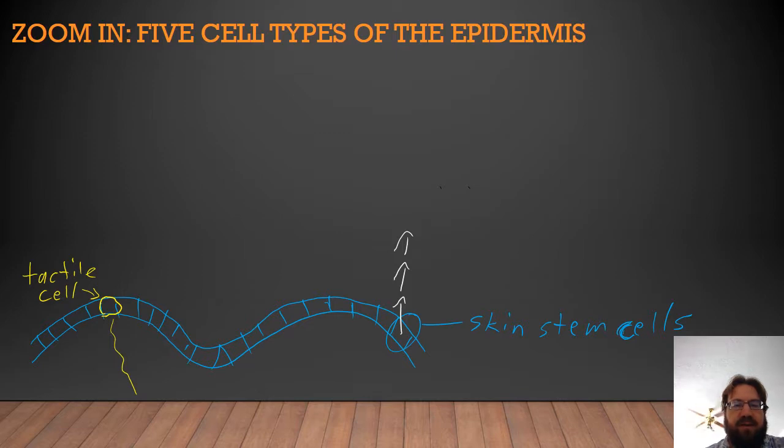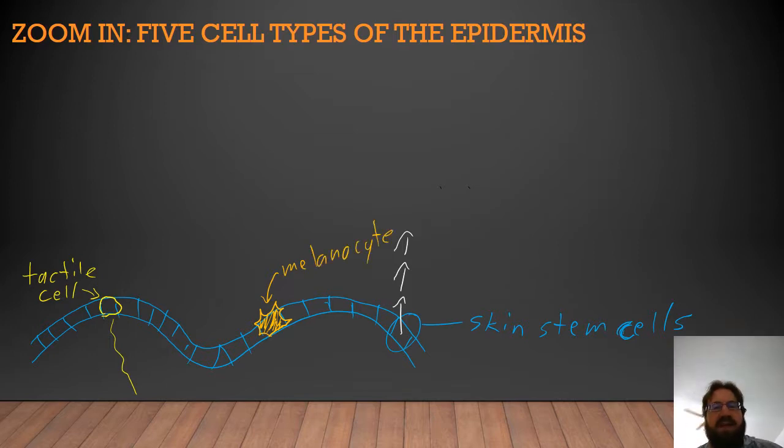The next type of cell that's found here that's a little bit different is a cell that has sort of little spines poking out in various places and is usually a lot darker looking than the cells around it. This cell is a melanocyte.